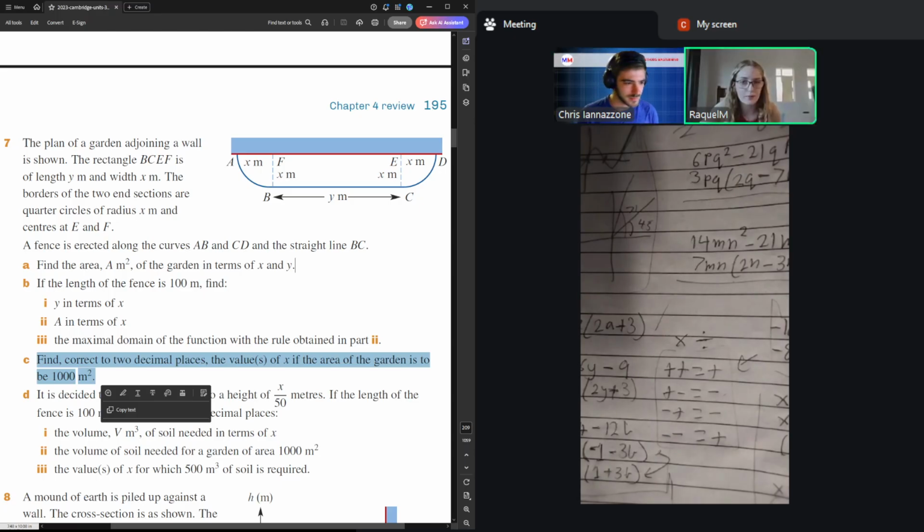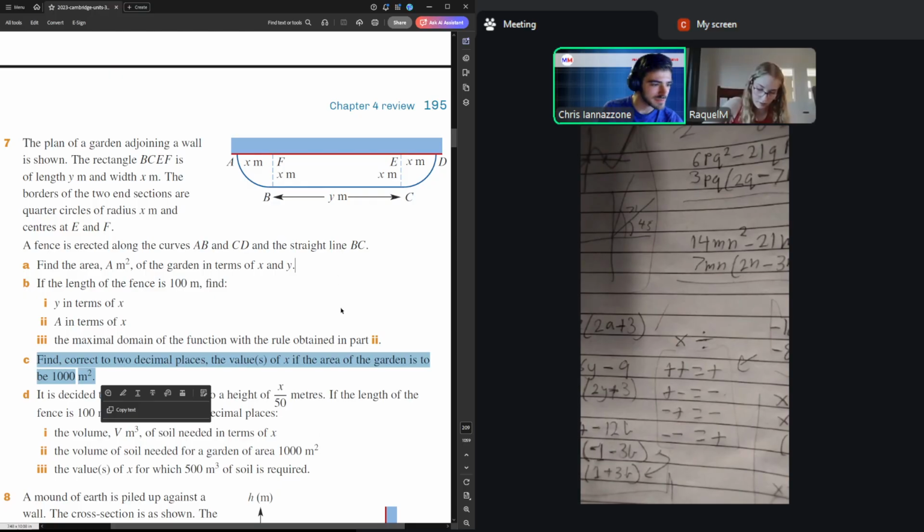So for the volume of soil needed for a garden with an area of 1,000, is that 248.5? Yeah, that's it. Would that be meters cubed? Yeah, I'm going to put meters cubed on that one specifically. I was a bit lazy on the other things.